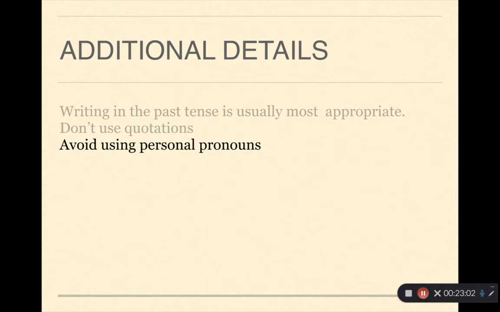Avoid the use of personal pronouns. I did this. We did this. Now, the Piranha paper uses some, and I've seen over the past years where the use of personal pronouns in scientific writing is becoming more acceptable. I'm not a fan. It's not typically done, right? And it's just something you want to avoid.